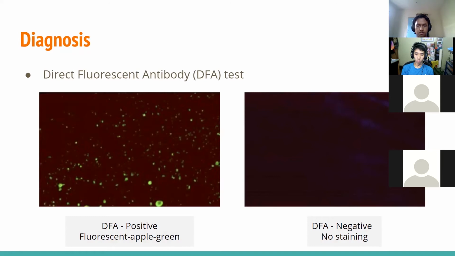The first picture shows that unbound antibodies will wash away, and areas where antigen is present will be visualized as fluorescent apple green areas using a fluorescent microscope, which indicates that the DFA test is positive. The second picture is if rabies virus is absent, there will be no staining, so the DFA test is negative.